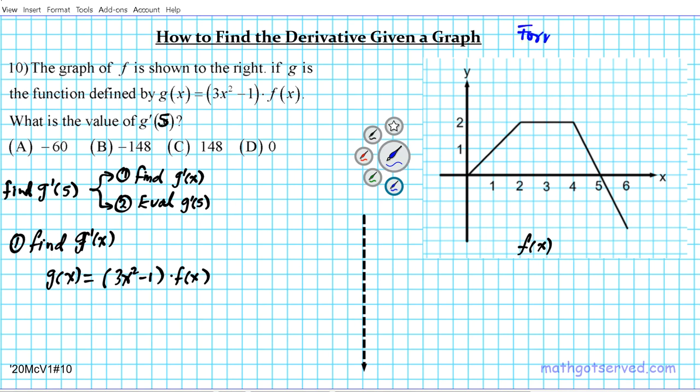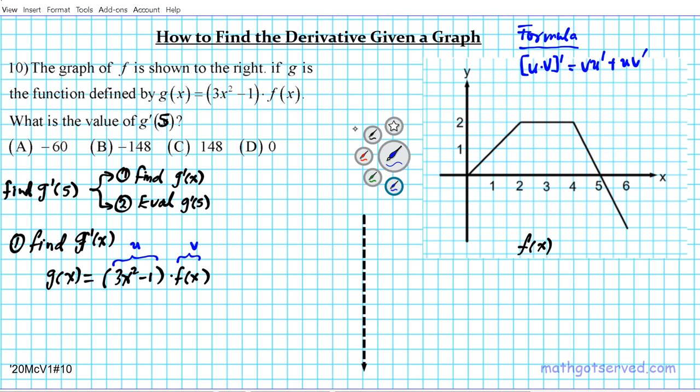Let's review what the product rule is again real quick. If you have a product of two functions and you want to find the derivative, it is vu prime plus uv prime. In this situation, this quadratic binomial will be our u, and the function f of x will be our v.